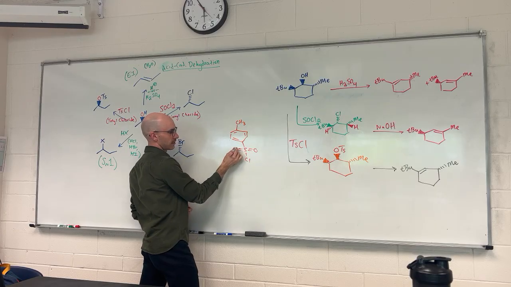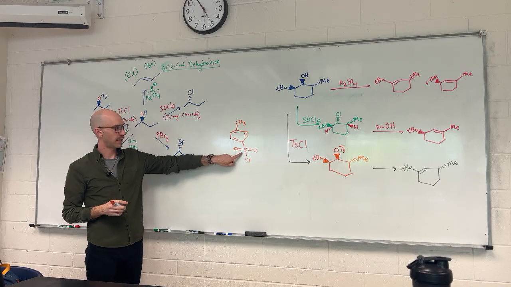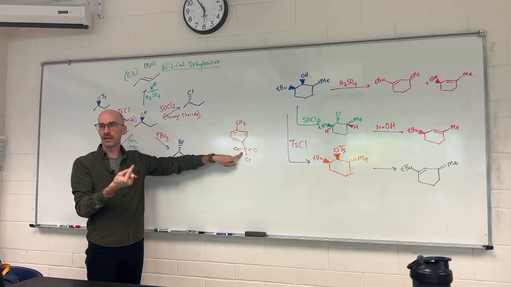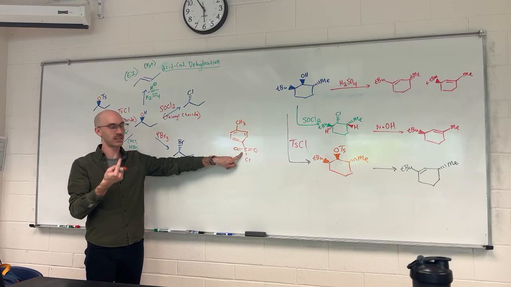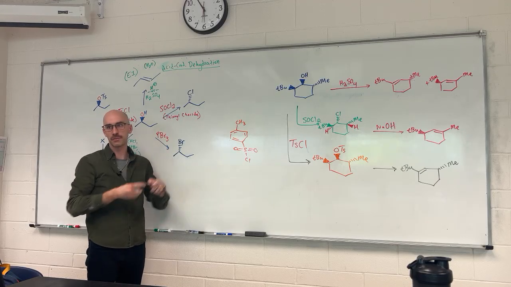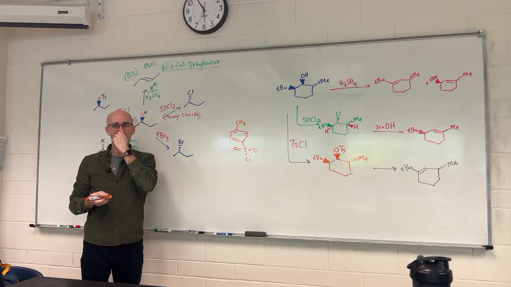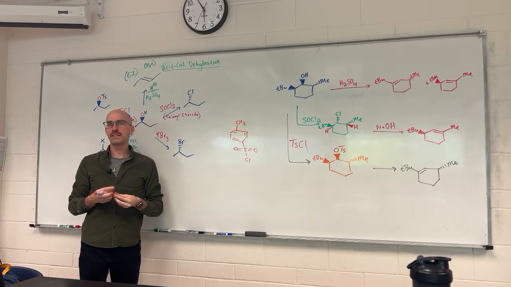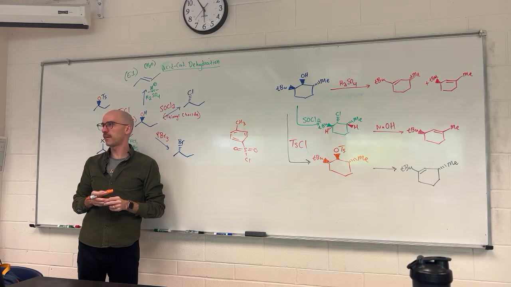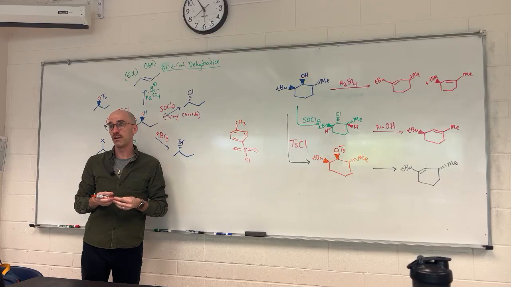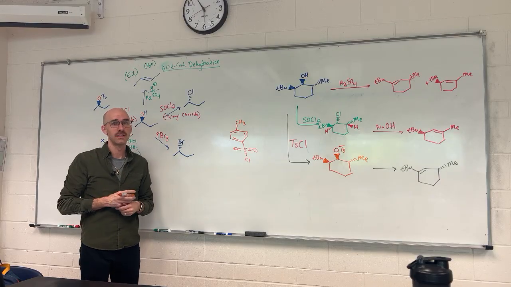TsCl looks like this. Then we substitute the chlorine with the alcohol's oxygen, and we get the tosylate group. I've landed on tosylate as my favorite, but there is a whole family of sulfonyl groups.